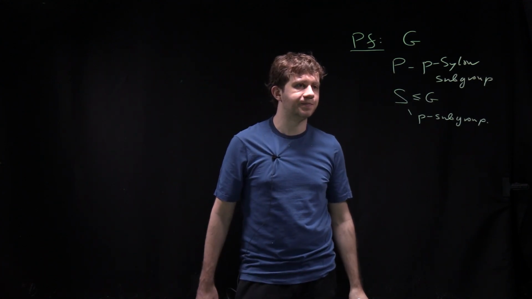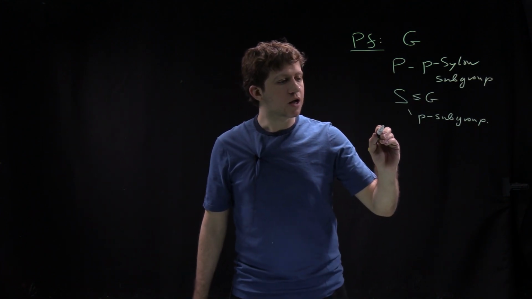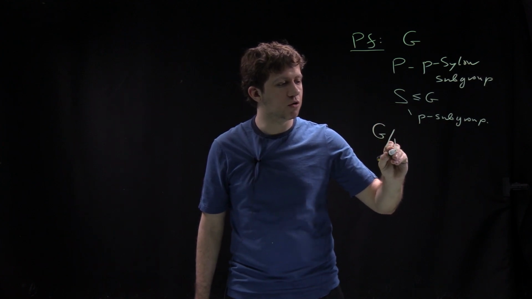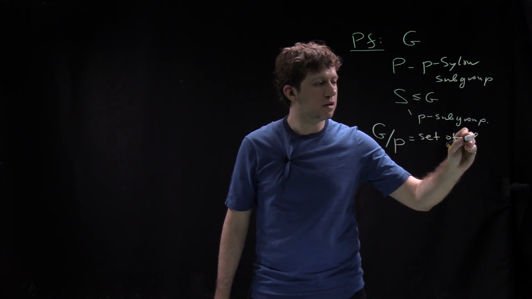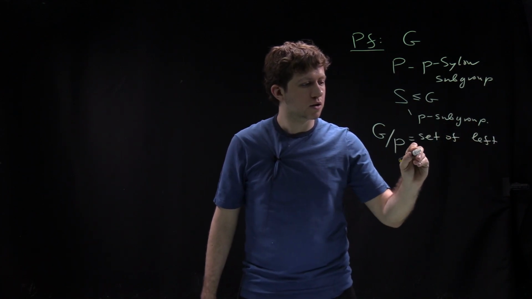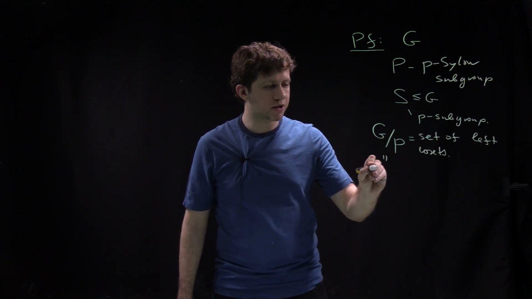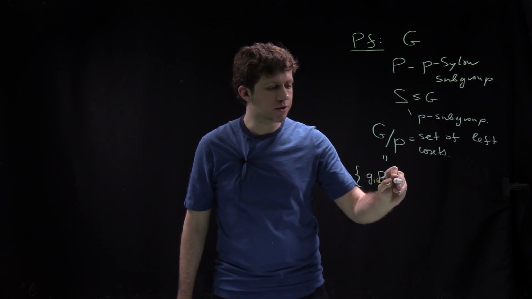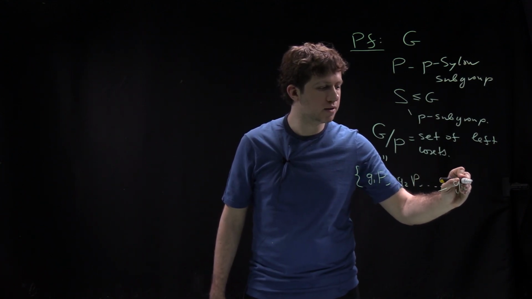How to do that? Here is the idea. Let's look at cosets. G over P is the set of left cosets, and I can denote them g1P, g2P, up to gkP.